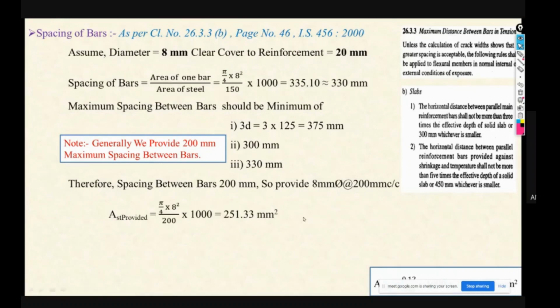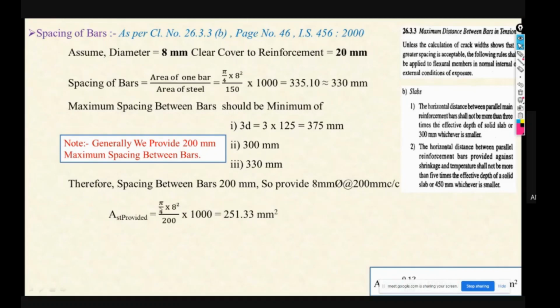Now here we have revised the spacing, so obviously our provided main reinforcement will be revised. We will calculate the actual provided reinforcement as per the spacing. Just use this formula: area of steel is the area of one bar divided by spacing.